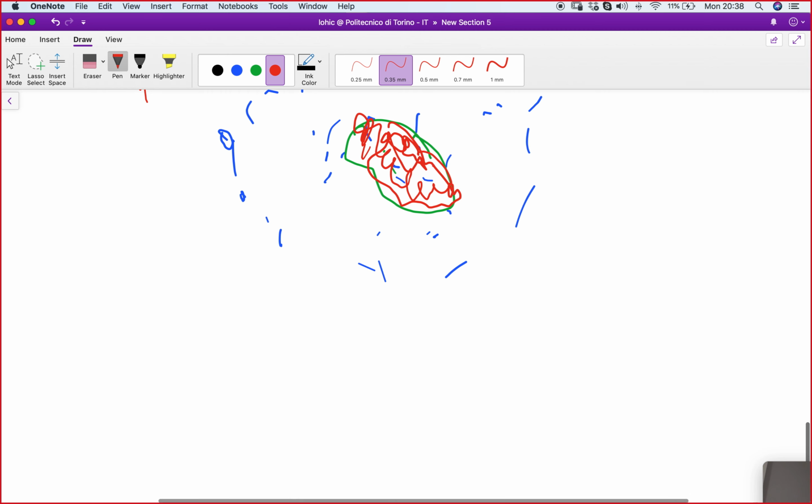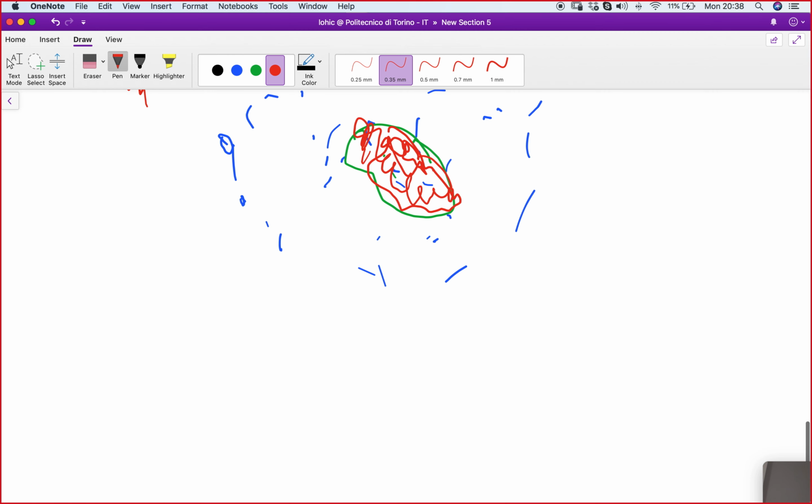In fact, that is what happens. I want to put the conductor in a field in such a way that its charges are not moving.